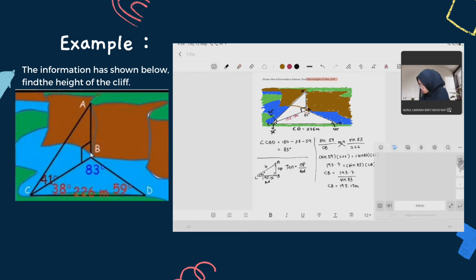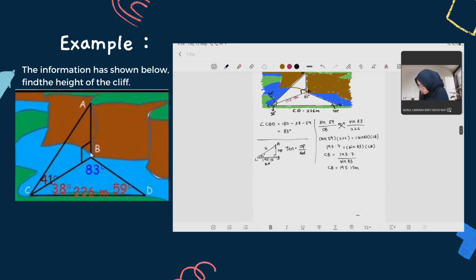So tangent 41 degrees equals opposite over 195.15. We need to find the opposite, so tangent 41 times 195.15, and we will get 169.68 meters.